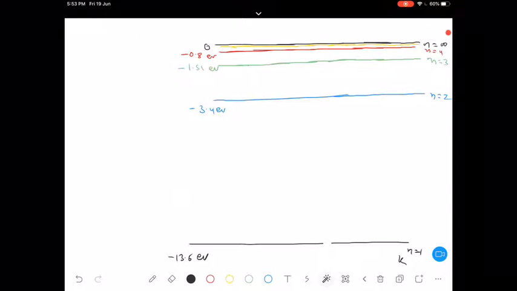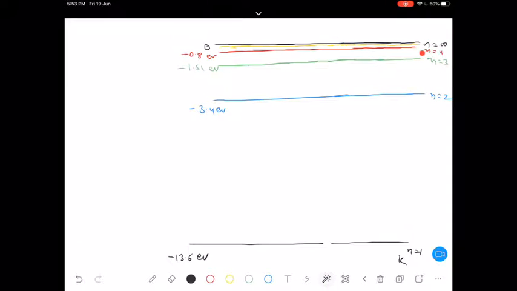Now if I observe the energy difference between the first orbit and second orbit, that is even more than the energy difference between all the remaining orbits, that is from n equals 2 to n equals infinity.